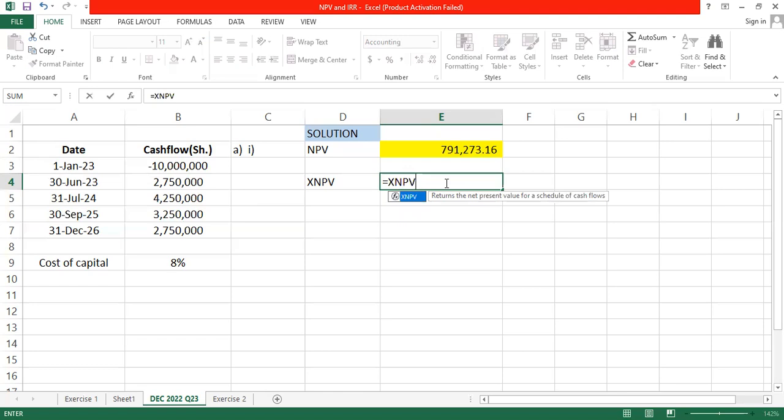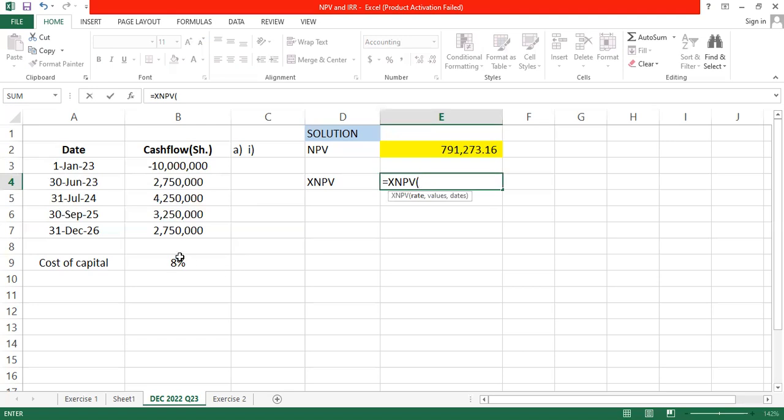then you open the bracket. You realize that when you open the bracket, Excel tells you what to do.